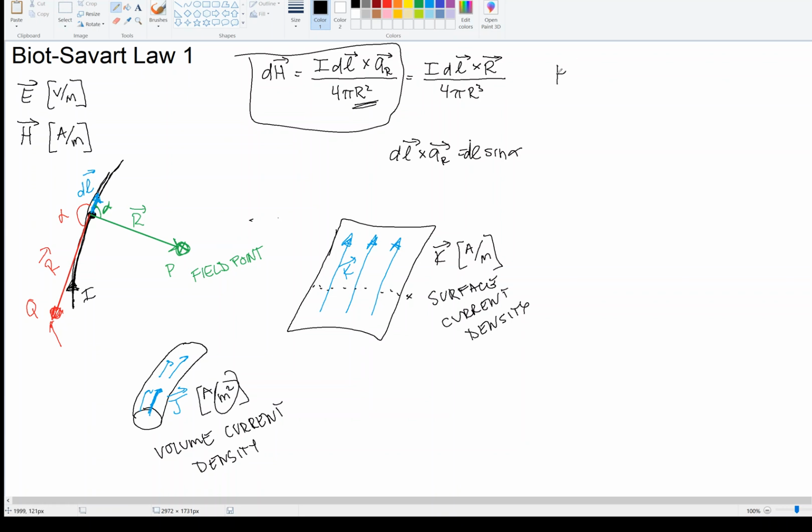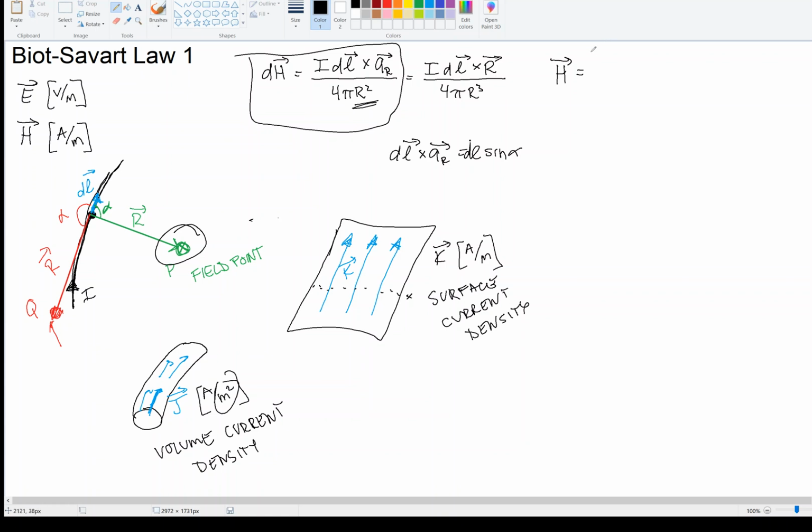So with that, let's suppose we wanted to know in this figure here, this first figure I drew with just the wire and the current I, let's say we wanted to know the total magnetic field, let's say at the green point, or it doesn't matter. But let's say we want to know the total magnetic field, and when I say total, I mean due to all of the little segments that make up the wire. How would we do that?